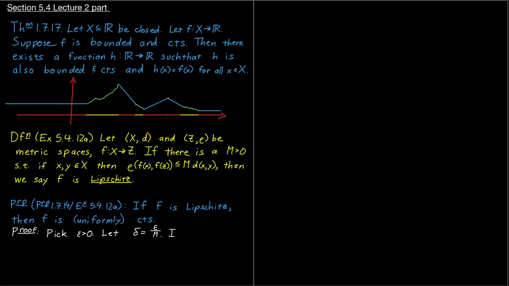And then if you've got two points whose distance is less than delta, then by definition of Lipschitz, the distance between their images is less than or equal to m times the distance between the two points, which is less than m times delta, which is just epsilon.